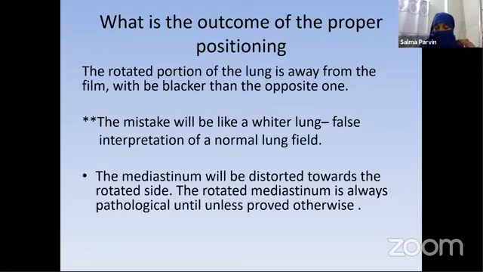Okay, so you must know very well about the positioning factors of a chest X-ray PA film. You cannot negotiate any sort of mediastinal abnormality, and that has to be very critically understood by the clinician and the radiologist. Okay, what about next?